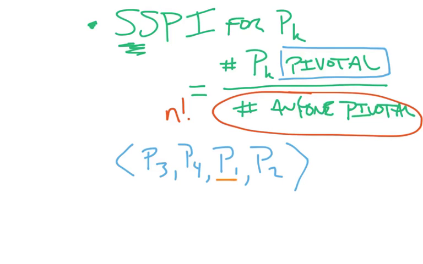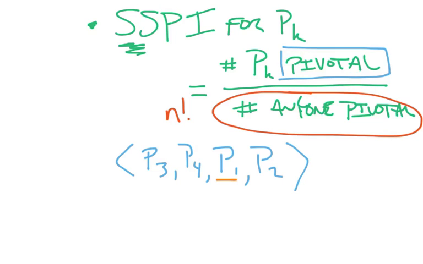The reason why is something Antonio pointed out in class last Monday: there's going to be exactly one pivotal player per sequential coalition, and we know there are n factorial sequential coalitions. Therefore, the number of times that anyone is pivotal is just the total number of sequential coalitions, n factorial.